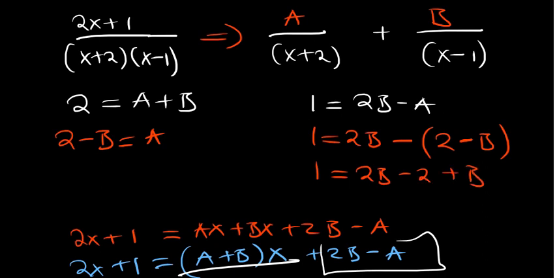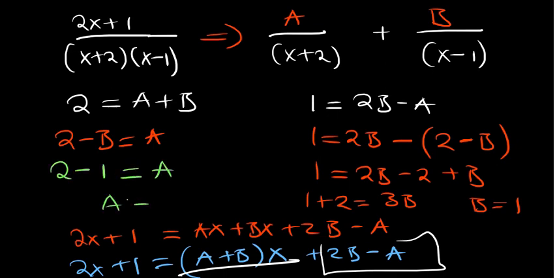The 2 goes to the other side, so we have 1 plus 2 equal to 3b, and b becomes 1. If b becomes 1, we have 2 minus 1 equal to a, so a is also 1.